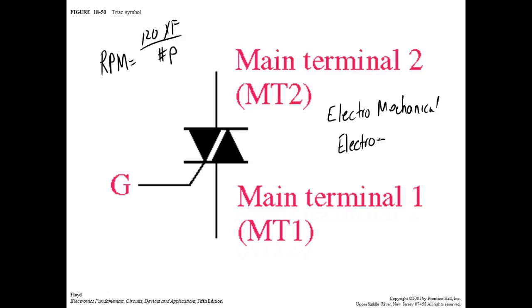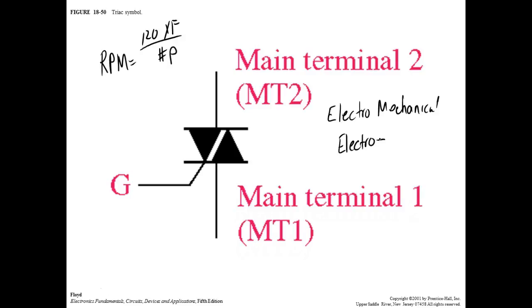It can fail electrically, or it can fail mechanically. So anytime you have something that's electromechanical, it's going to fail more than something that's totally electronic, because totally electronic devices can only fail electrically. They can't fail mechanically. So we have solid state relays, and if it's an AC relay, a solid state relay would use a triac.